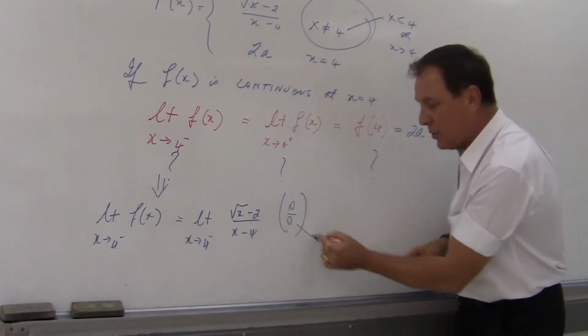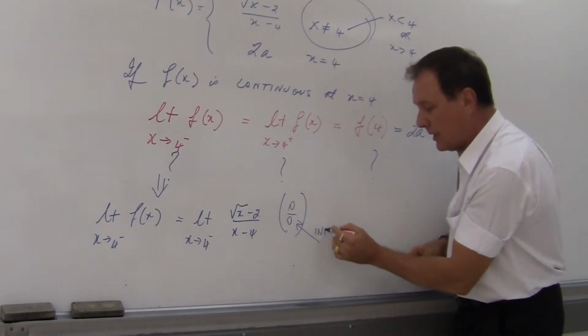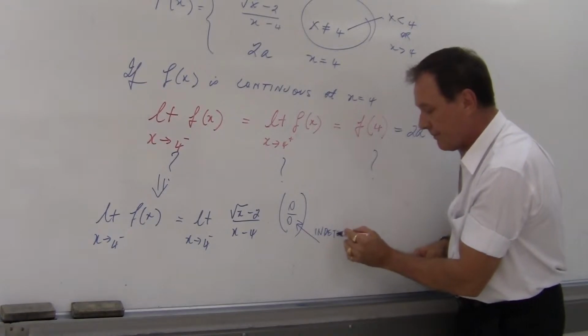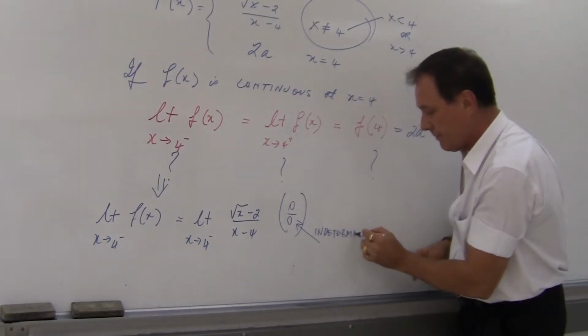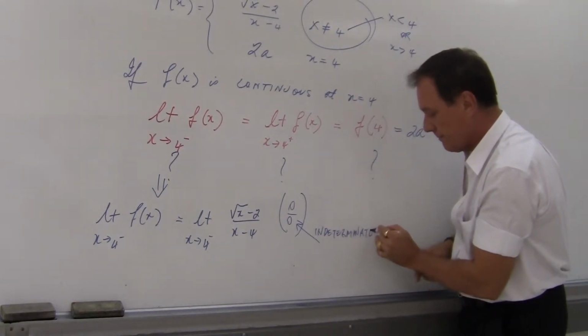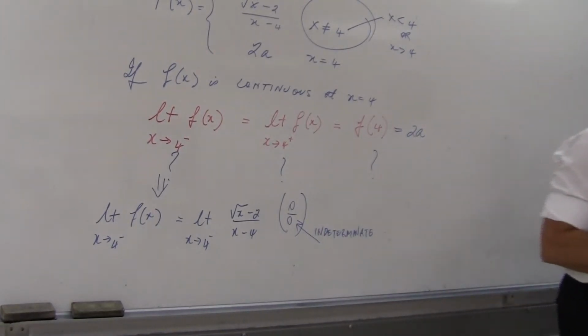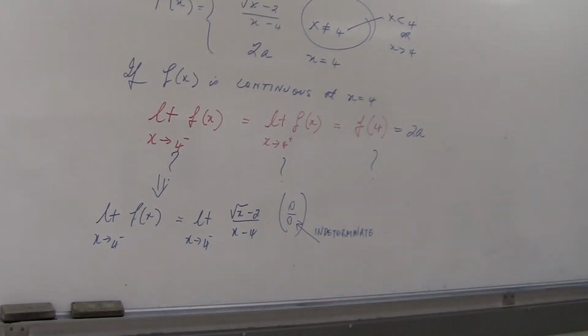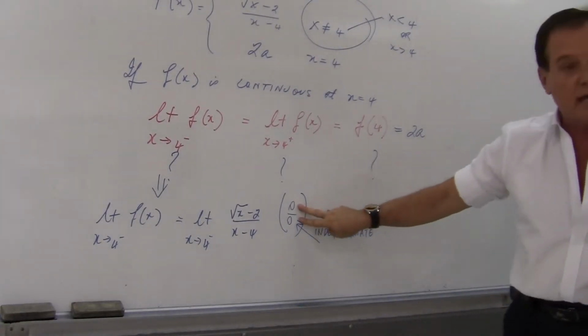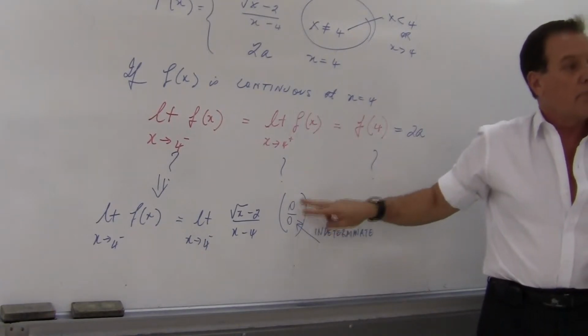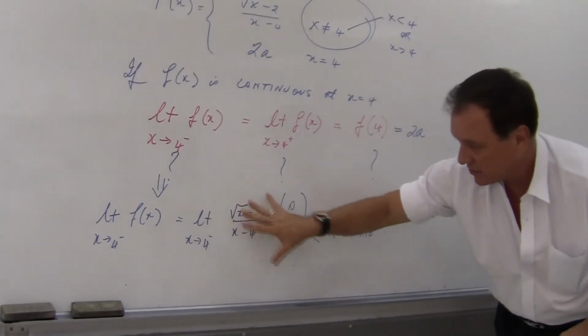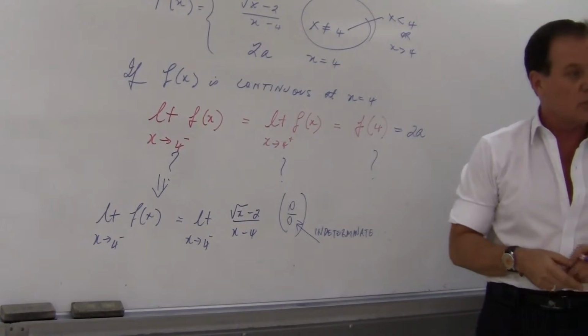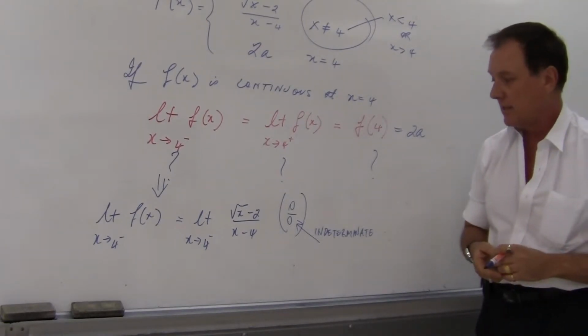This quantity here is called indeterminate. Now, that doesn't mean it's undefined or goes off towards infinity. It could be a finite value, but at the moment I don't know what that is. But when we look at the limits situation here, we might be able to determine it, I think, without too much difficulty.